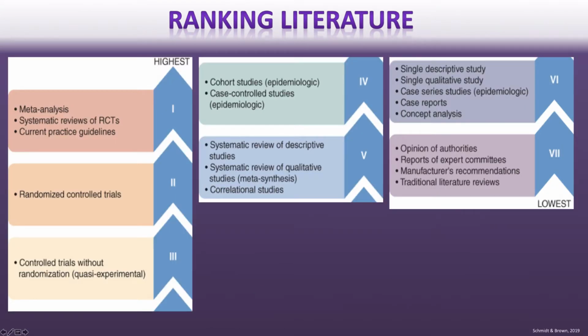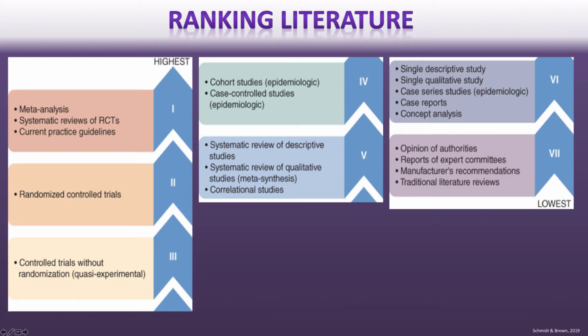As we look at this ranking, we go from the top levels, which are things like systematic reviews and meta-analyses that focus on randomized controlled trials, down to the lower levels, which are really more focused on things like expert opinion or general literature reviews.